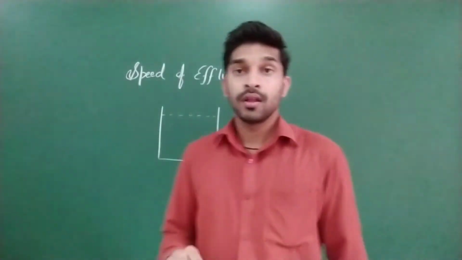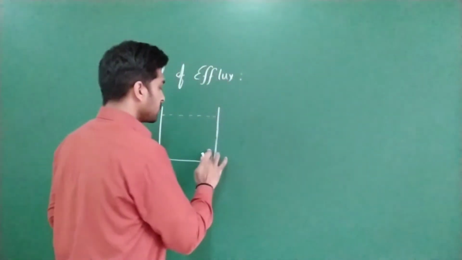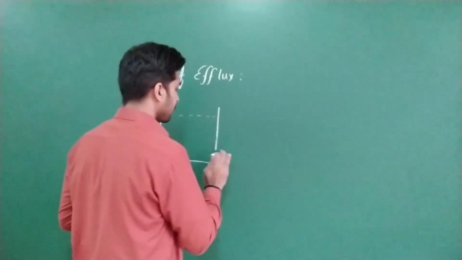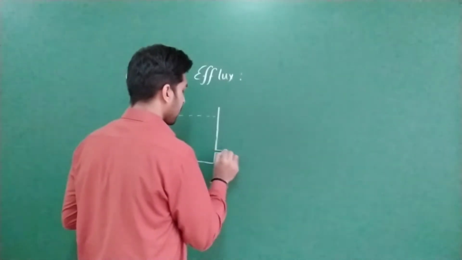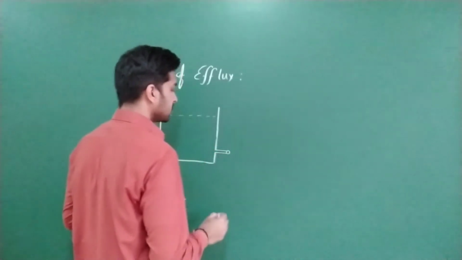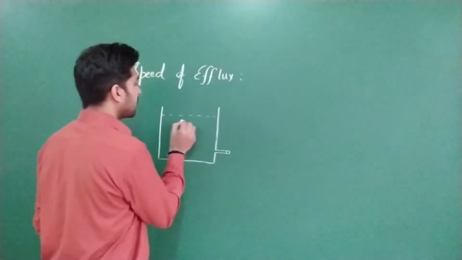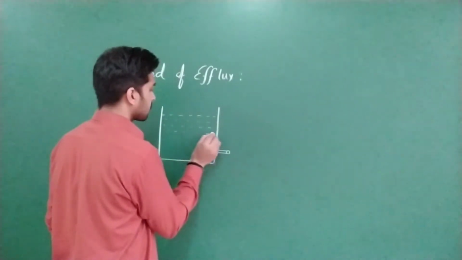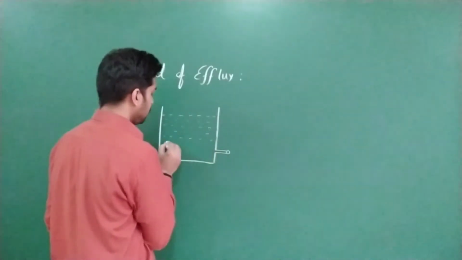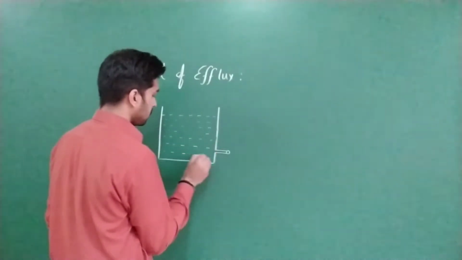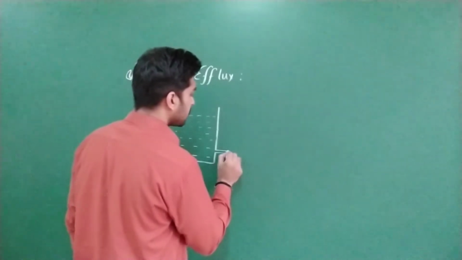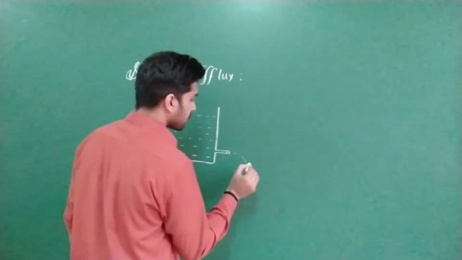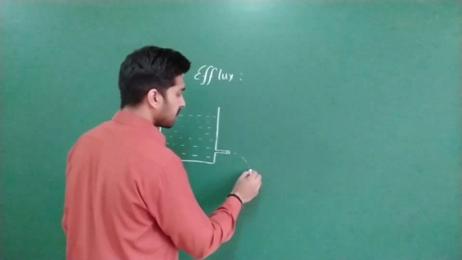And at this point somewhere in between here we have an outlet like this, and it is first of all completely filled with liquid. So from this point liquid is going to come out, and in this manner it will be coming out.